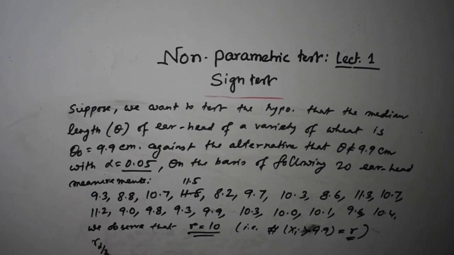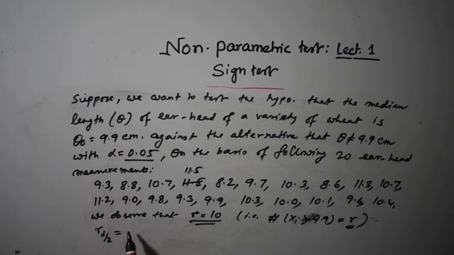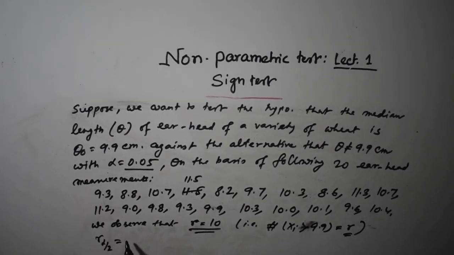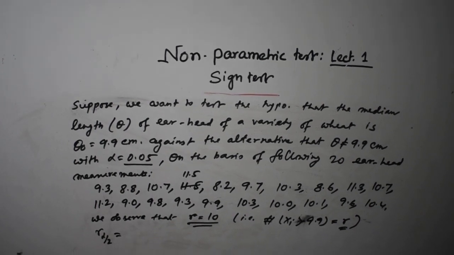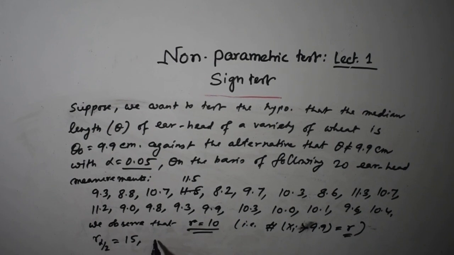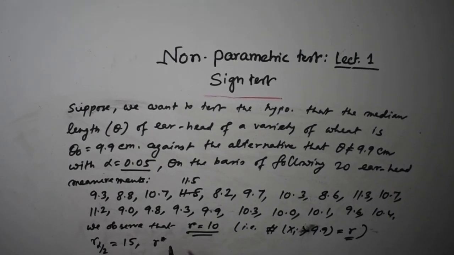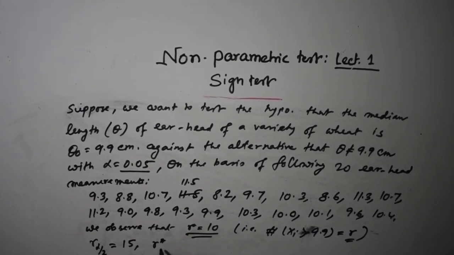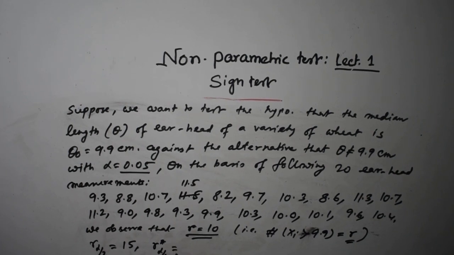So for alpha by 2 you find this value is 15, and R star alpha by 2 is 4.